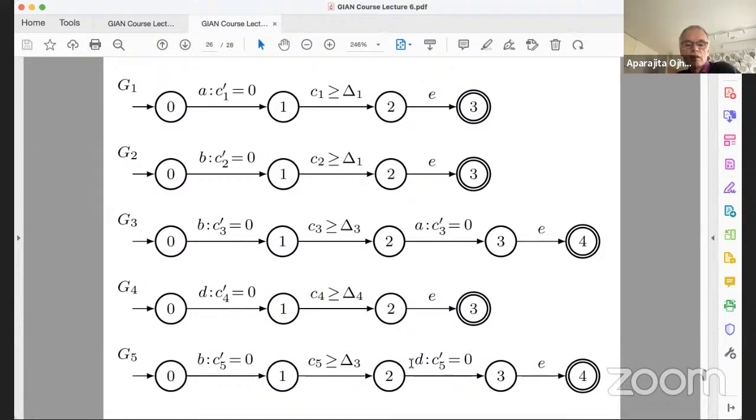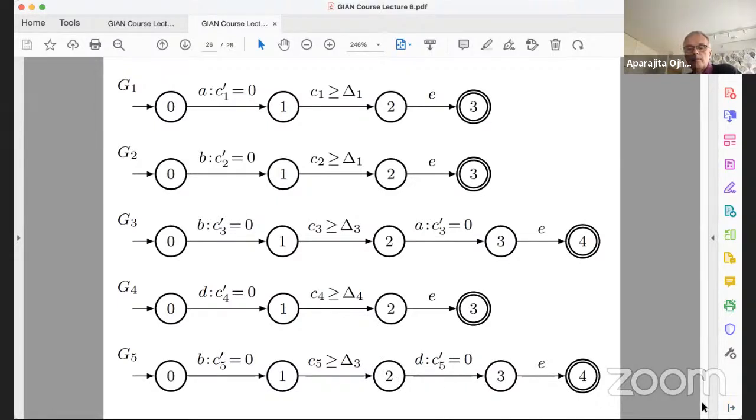And in this case, I also have that D is restricted. D cannot start before G5 has passed this state 2.